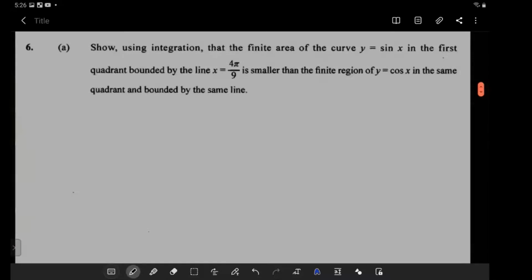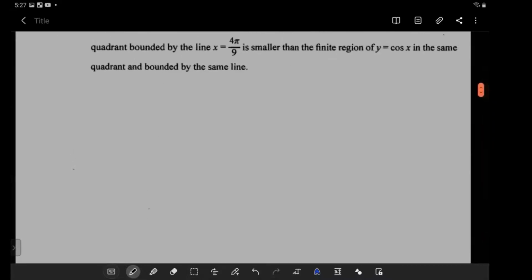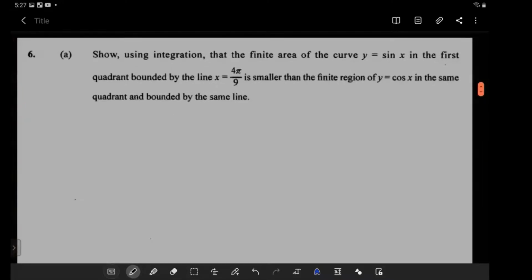The question says, show using integration that the finite area of the curve y equals sin x in the first quadrant bounded by the line x equals 4 pi over 9, that's a little less than pi over 2, is smaller than the finite region of y equals cosine x in the same quadrant bounded by the same line. So they say show by integration, but we could give a quick sketch of this graph.